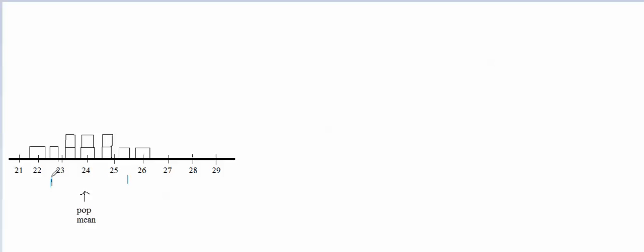So the lower boundary of the middle 80% was 22.67, and the upper boundary of the middle 80% was 25.33. So 80% of the possible samples were between those two numbers.